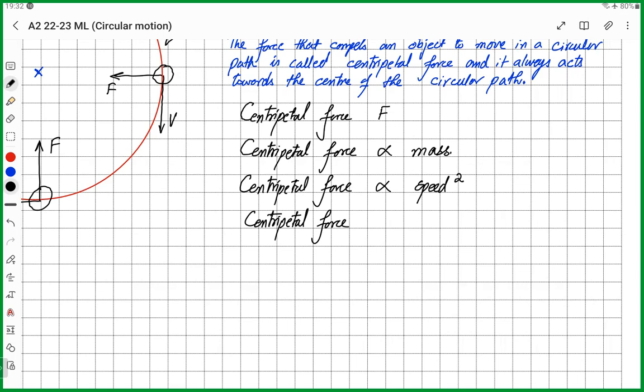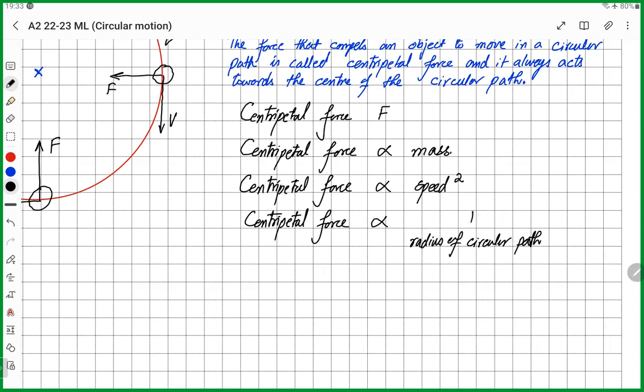Bigger. So it means that for a bigger circle, you require less force. That means centripetal force is inversely proportional to the radius of the circular path.